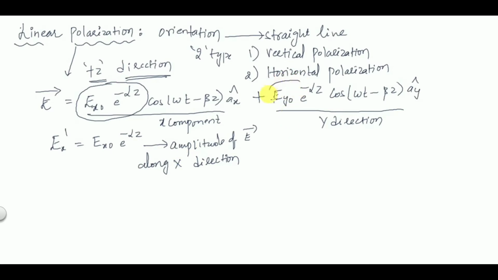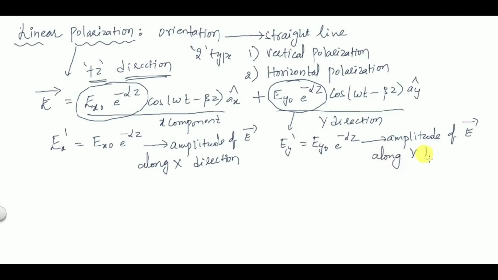Similarly, this term I am considering as Ey dash. Ey dash is Ey naught into e power minus alpha z, and this is the amplitude of electric field intensity along the y direction. Now that we have Ex dash and Ey dash, we can define linear polarization.